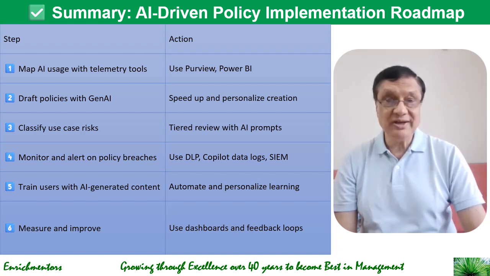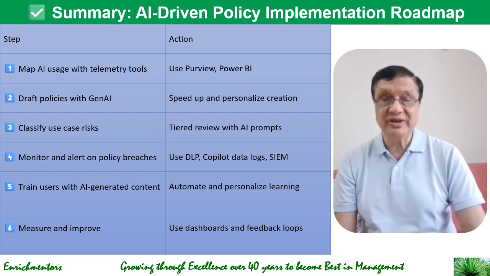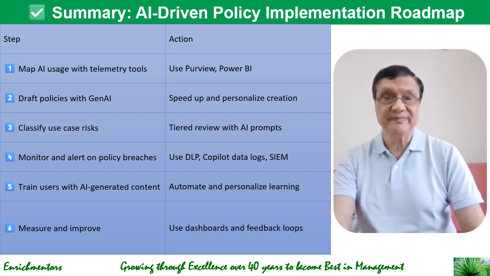Fourth would be to monitor and alert on policy breaches, and there you can use DLP, Copilot data logs, SIEM. And the fifth would be to train users with AI-generated content, and that can help you automate and personalize learning. And finally, measure and improve will be your last step, where you can use dashboards and feedback loops to measure and improve your policy implementation.